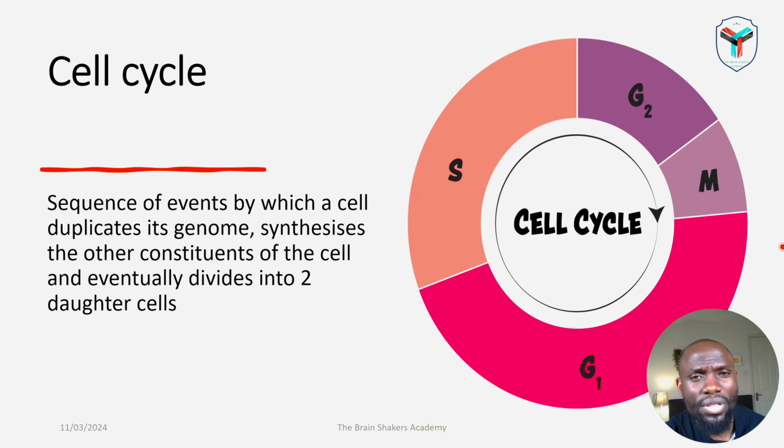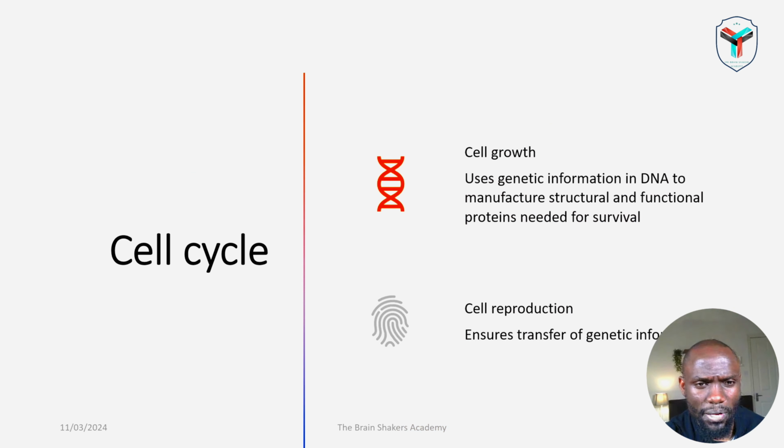Then they'll go through the mitotic phase. So all this G1, S, and G2 form the interphase, and then you have the M here, which is giving you the mitotic phase.